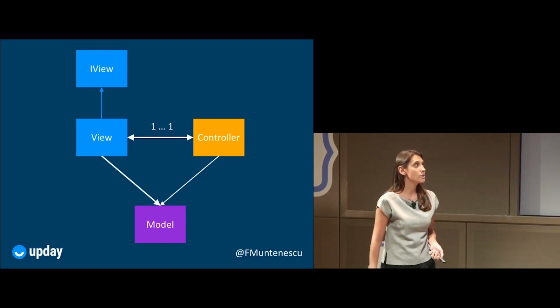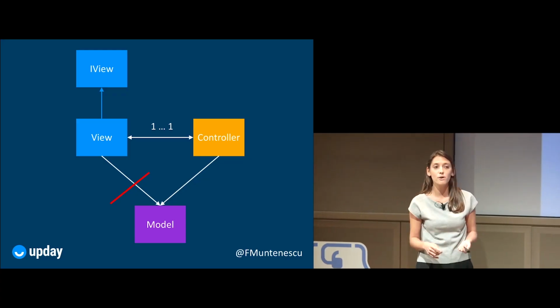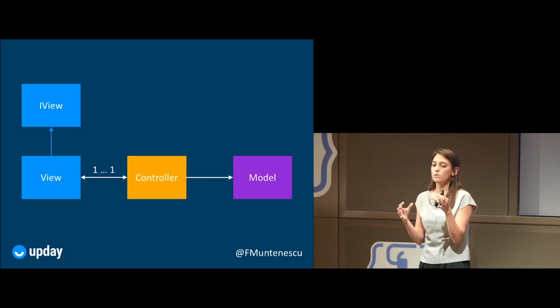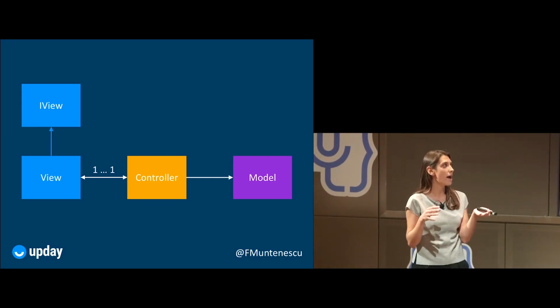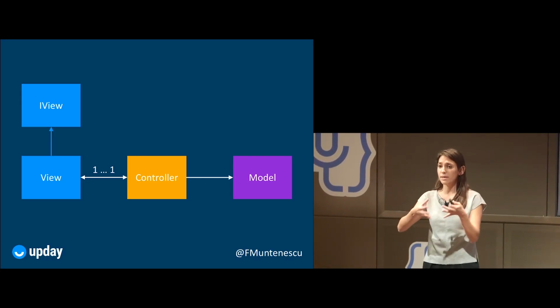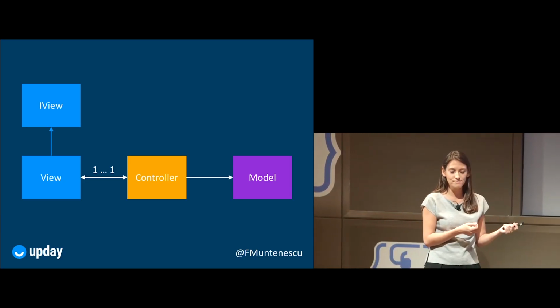So the solution for this would be to actually break that connection between the view and the model, and rather use another class, use the controller to actually handle everything, to have the controller maybe get the data from the model, apply the UI logic on top of it, and then tell the view what it should present.